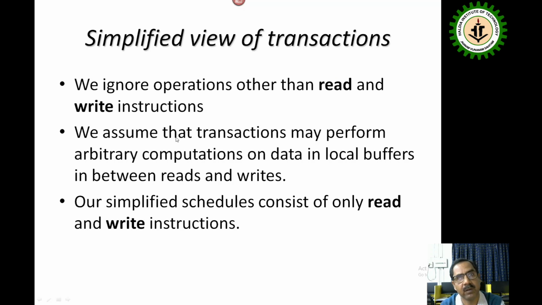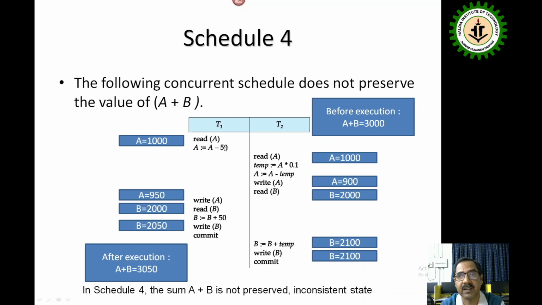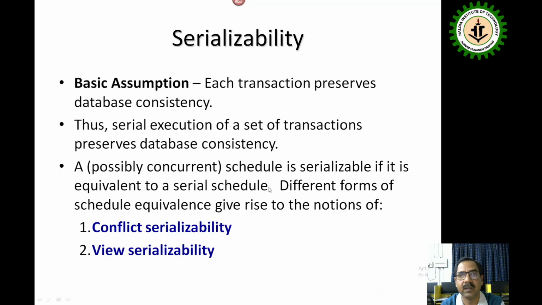We also assume that transactions may perform arbitrary computations on data in local buffers in between reads and writes. That's why I'm telling you that this is done in the local buffer. There may be so many computation steps between read and write operations, but all are in the local buffer.